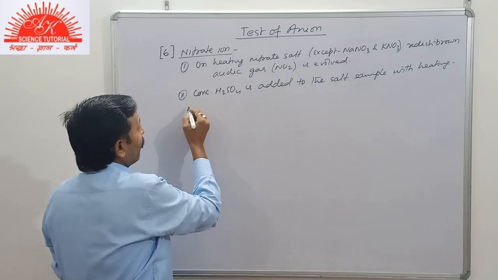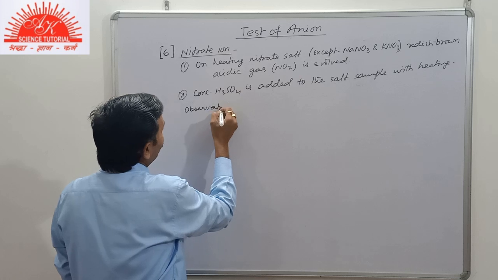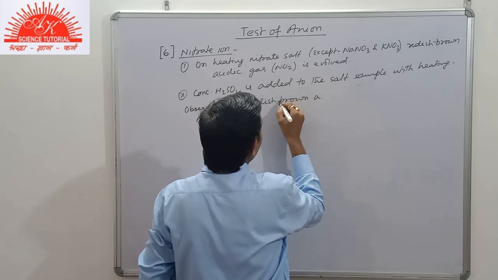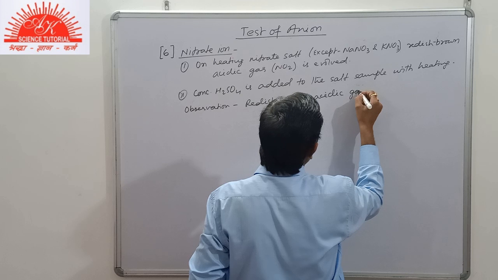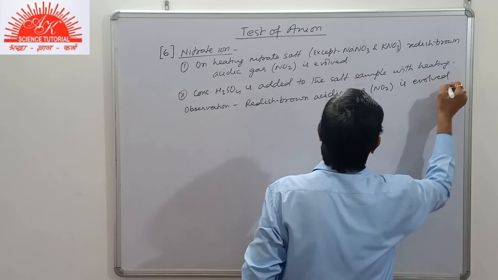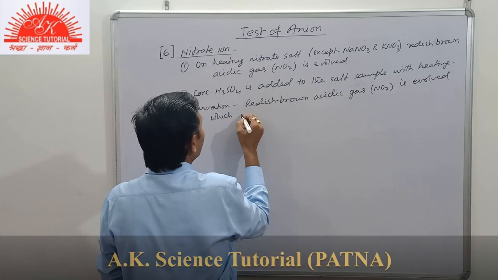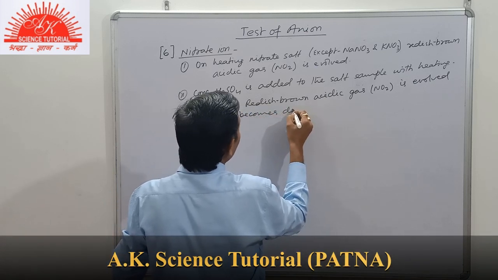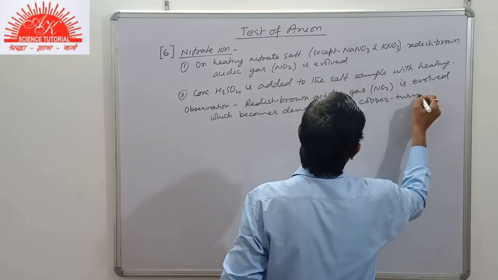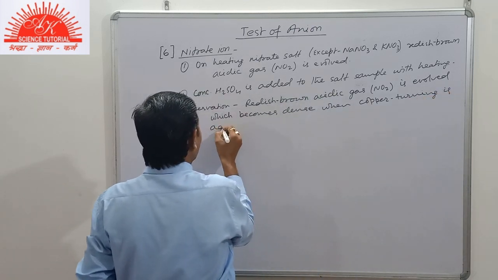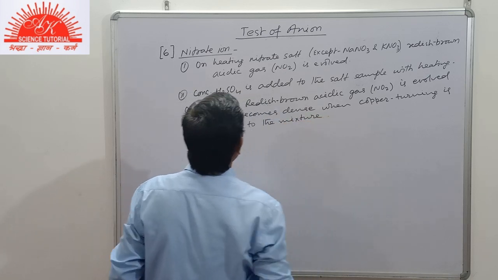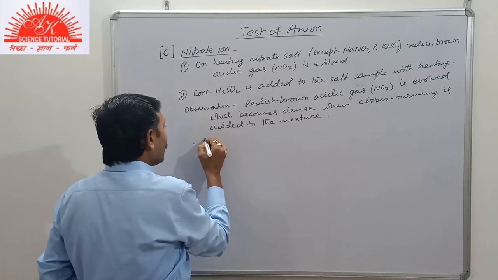So we write the observation: a reddish brown acidic gas, that is NO2, is evolved, which becomes dense when copper turnings are added to the mixture.